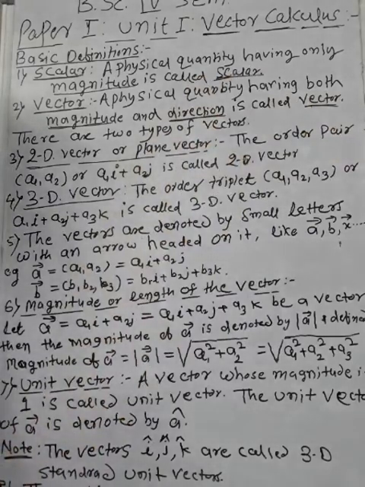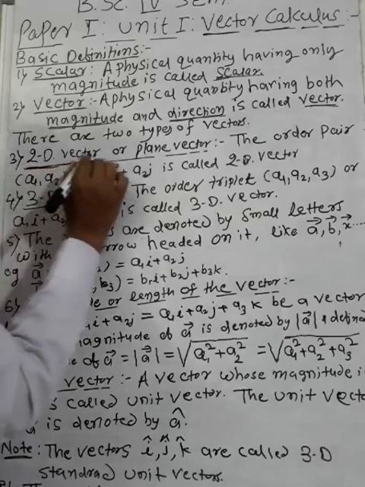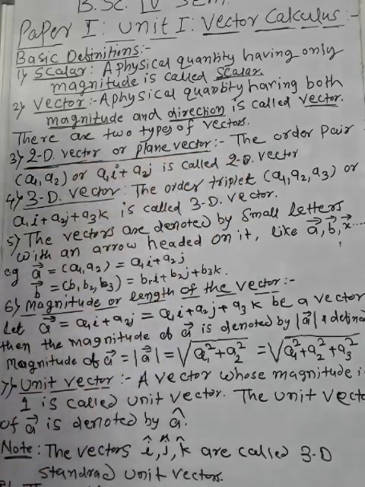Then we are studying vectors and vector functions. There are two types of vectors. The first type is called a two-dimensional vector, or a plane vector.